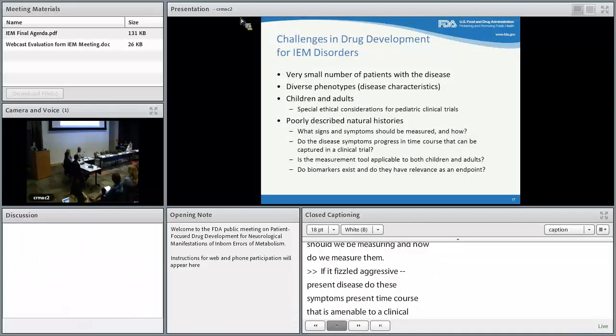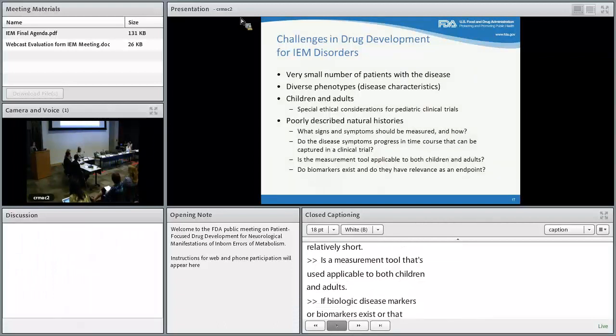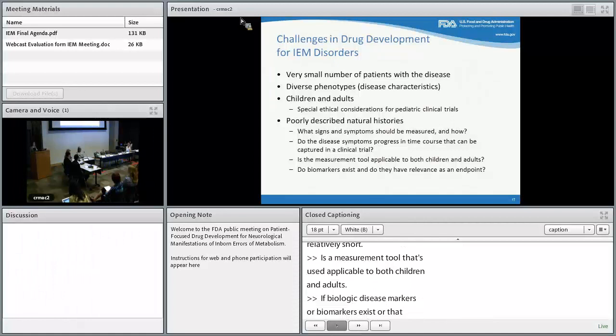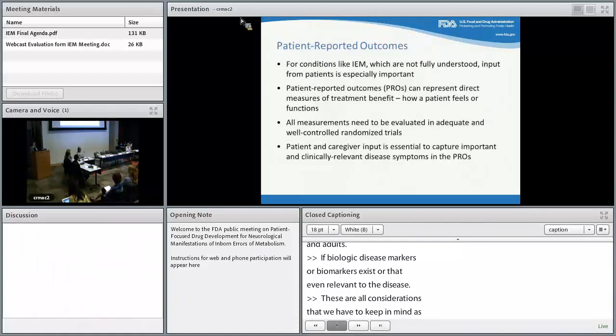Is the measurement tool that's used applicable to both children and adults? And if biologic disease markers or biomarkers exist, are they even relevant to the disease? These are all considerations that we have to take in mind as the pharmaceutical industry is developing the clinical trials and as we're reviewing them.